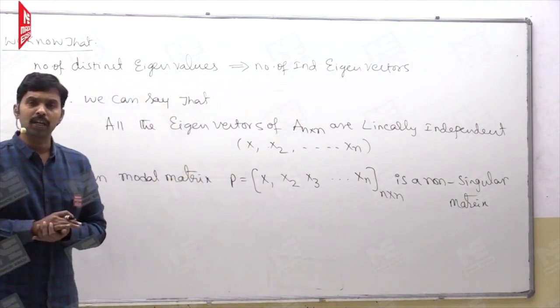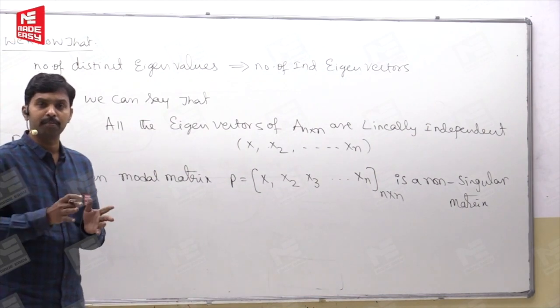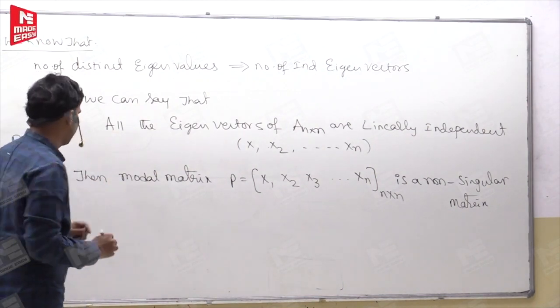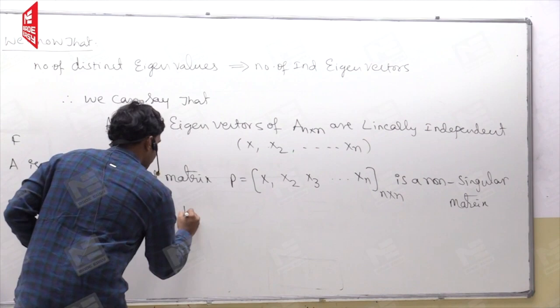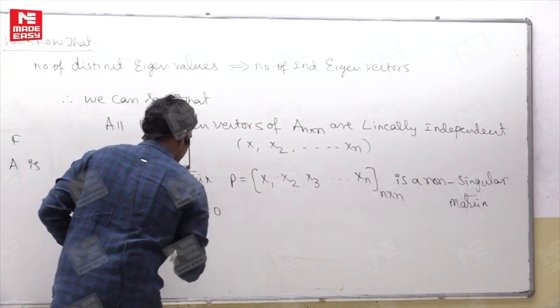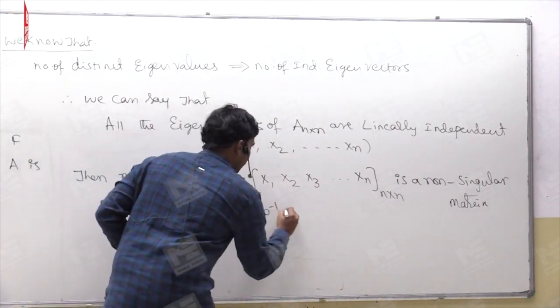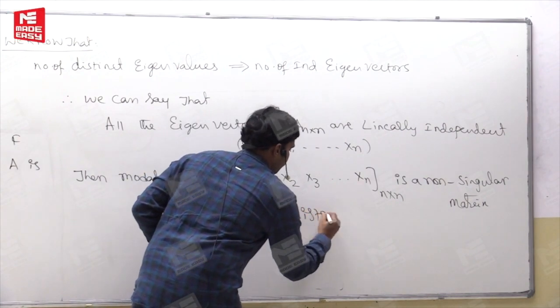If all the columns are linearly independent, definitely the determinant is non-zero. So that is mod P is not equal to 0. This implies P inverse exists.